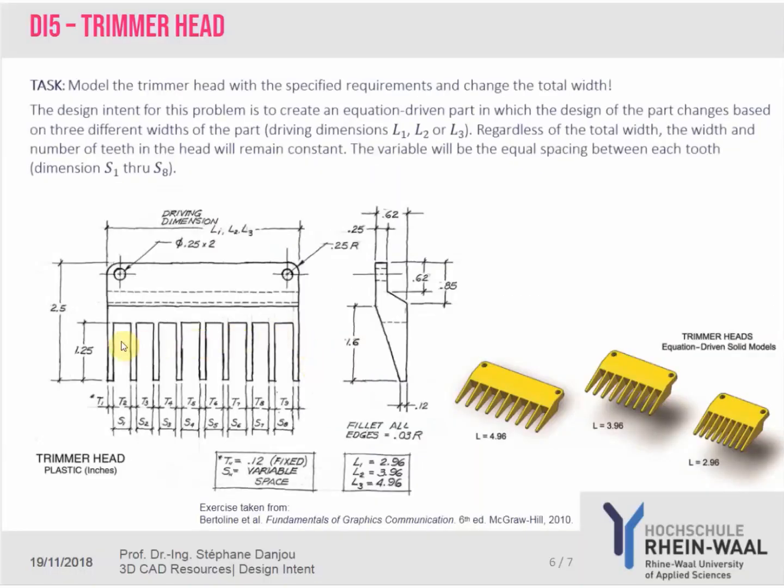So that would give me the value of the total spacing together, but I need only the value of one of them, so I'm going to divide it by the number, which is 8 here.